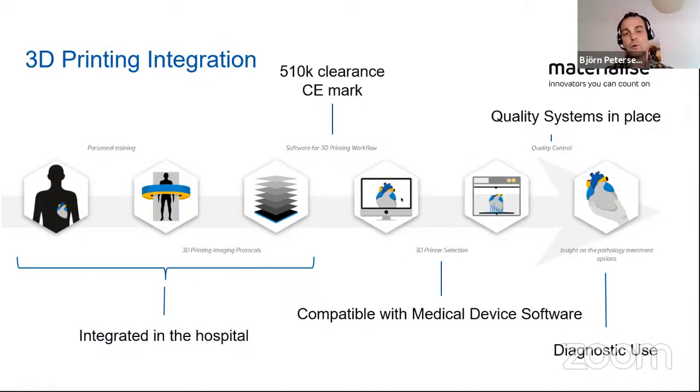This is the first point I want to mark out: working with the software in this clinical environment. We say it's better to work with 510(k) cleared or CE marked software. Why is this the case? From a European perspective, the medical device regulation will become effective at the end of May.